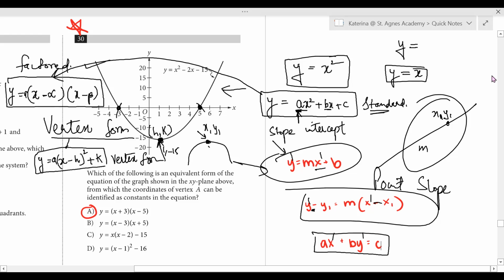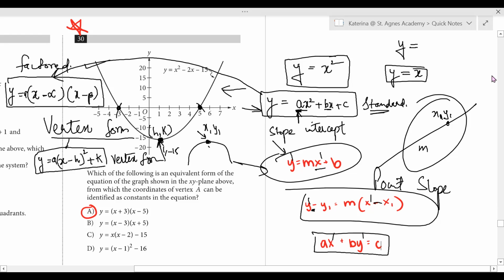Now I want to go a little bit deeper here because this is a very, very important thing, and it comes in the SAT many times with different forms, different equations. Today I'll be giving you a little bit of information about the factored form and the standard form.